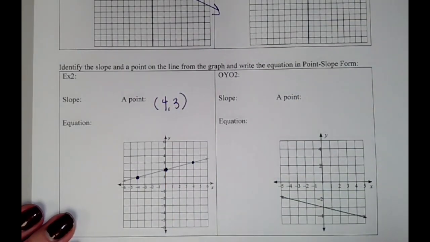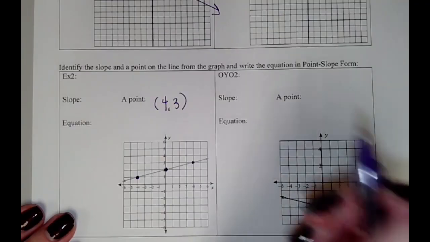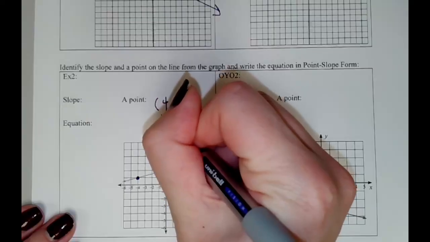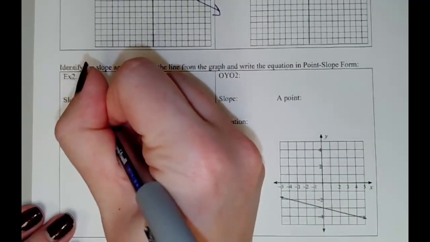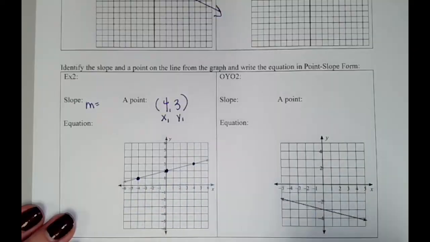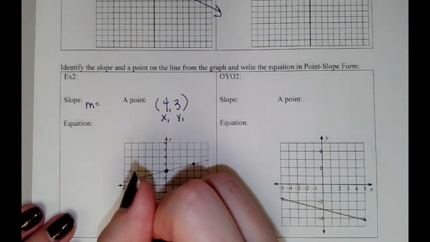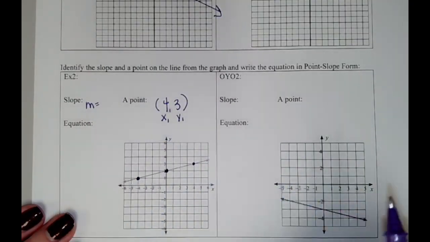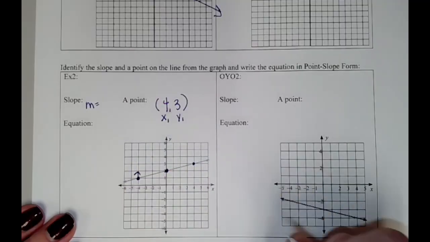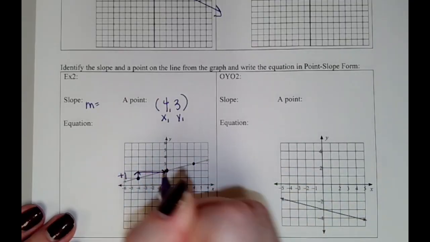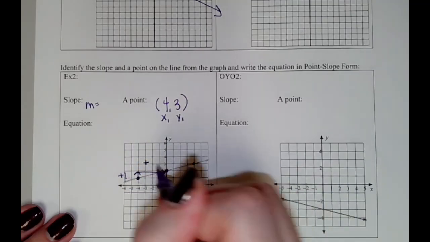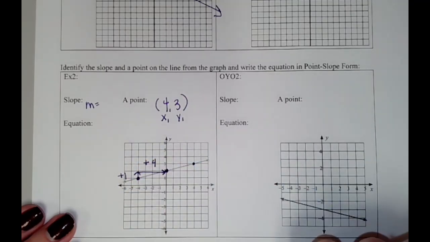If I'm trying to write the equation in point slope form, I'm going to let this be x1 and y1 for my point. And now I need my slope. Picking any of the points, I'm just going to find the slope real quick. Rise over run, up 1, so that's a positive 1, and it appears that I move right, which is a positive movement, 4 units.